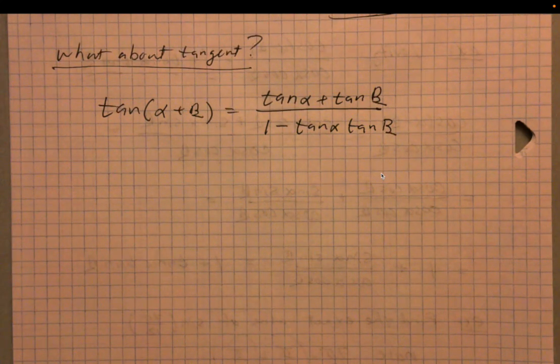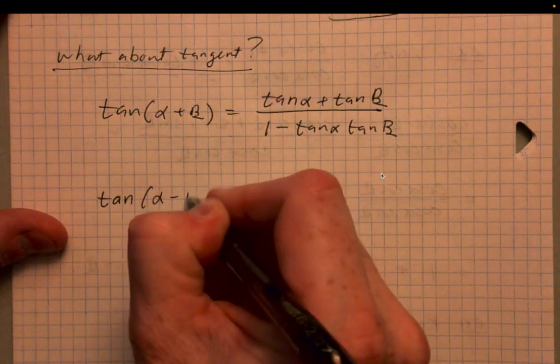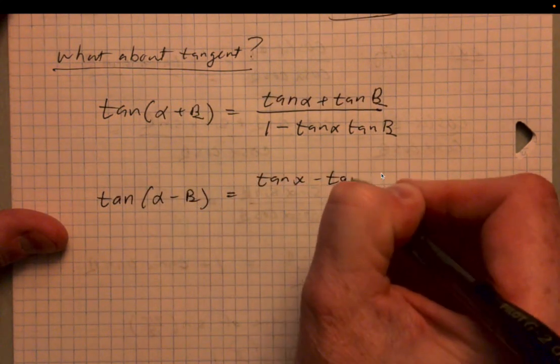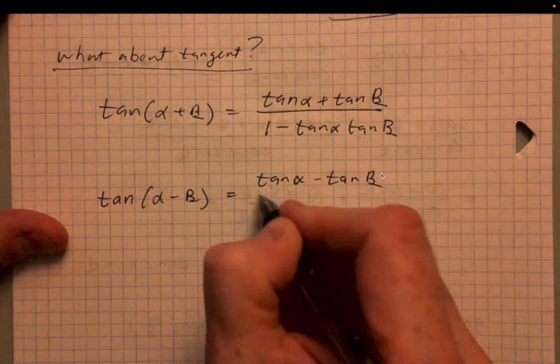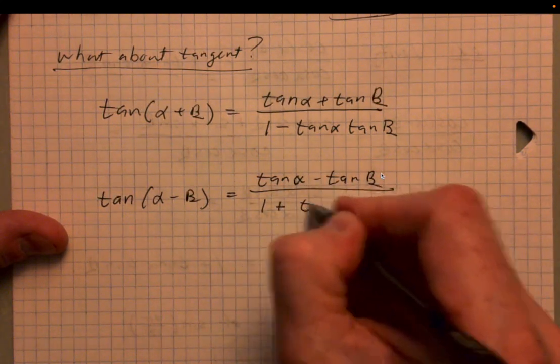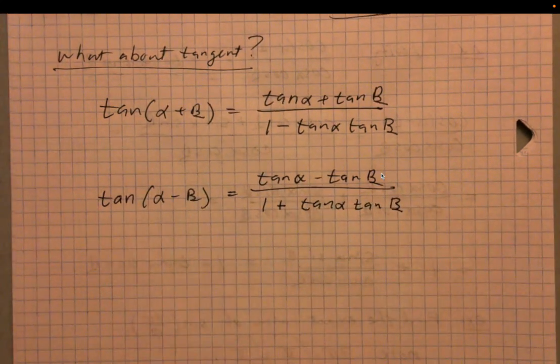And the difference formula looks very similar. Tan alpha minus beta is going to be tan alpha minus tan beta divided by 1 plus tan alpha tan beta. So the signs just all flip. Same exact structure, but just flip the signs.